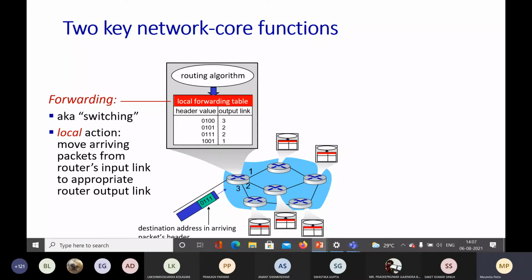Now, please look at this router. If you are unable to see my mouse pointer, please let me know. Take a look at the router which has been highlighted. You can see that packets are arriving at the router. In this packet's header it is written 0111. Let us assume that this gives the destination address of where the packet should be transferred to.